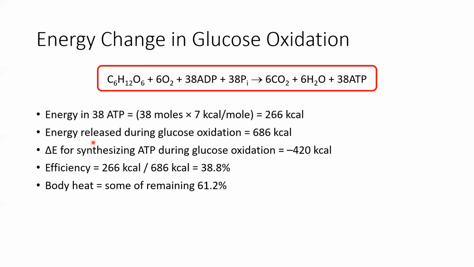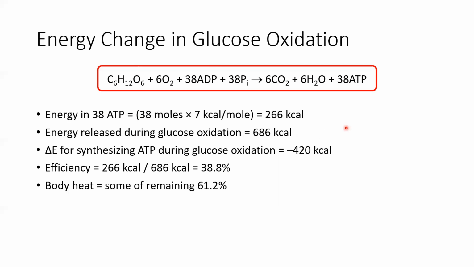Now, if we think about the amount of energy that's released during glucose oxidation, when scientists look at this process, what they see is that, in fact, 686 kilocalories should be released, right? We should have, in a perfect process, 686 kilocalories being released for a single molecule of glucose.